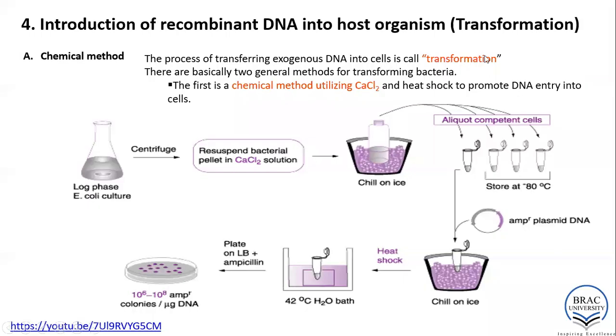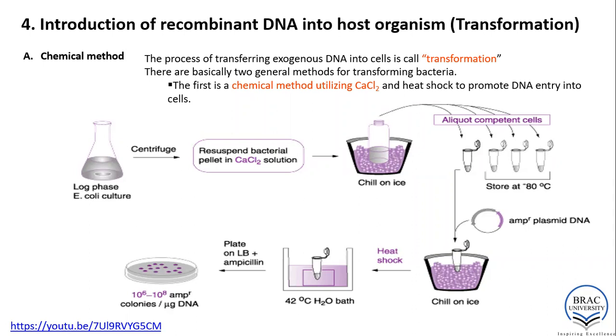After ligating the vector and the DNA, we have the ligation mixture in a centrifuge tube, and we don't actually know whether the vector and the DNA are ligated or not. So what we need to do is transform this ligation mixture into the host organism. In most cases, this is the bacteria, E. coli.